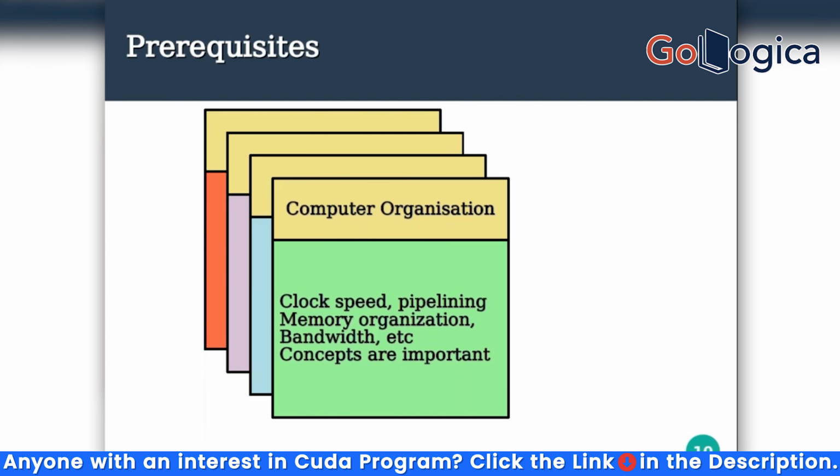Then computer organization. These are some basic concepts in computer organization: clock speed, pipelining, memory organization, which we are going to clear maybe in the first 1 or 2 sessions. Right? It is required. And it is not at all required to go into too much detail at hardware level, because your domain is not completely that of a solution architect or maybe a high performance computing engineer.